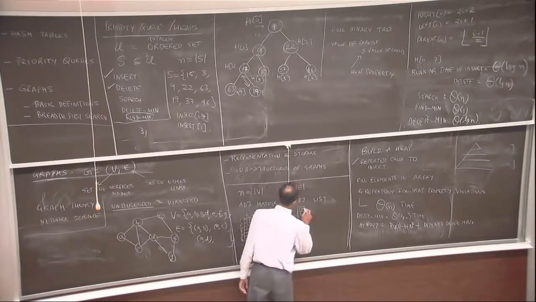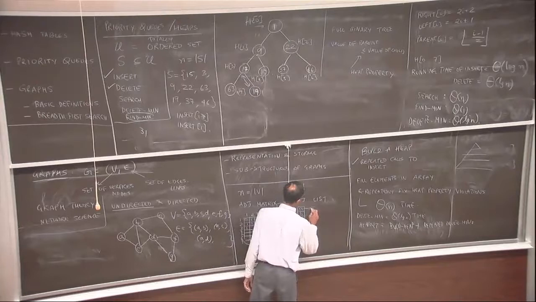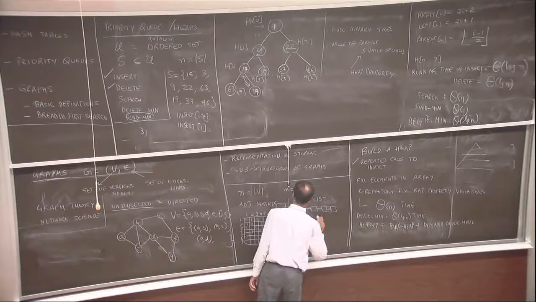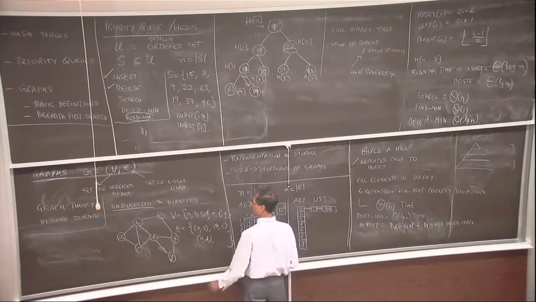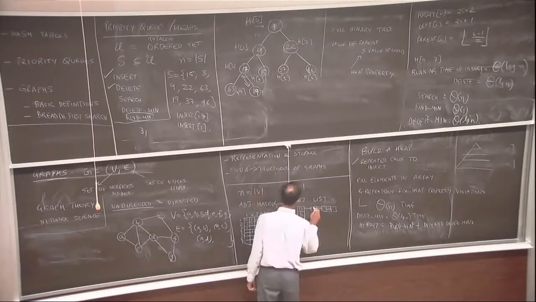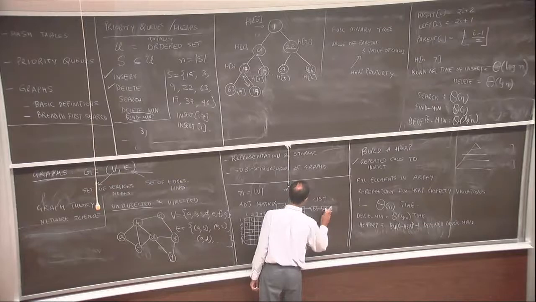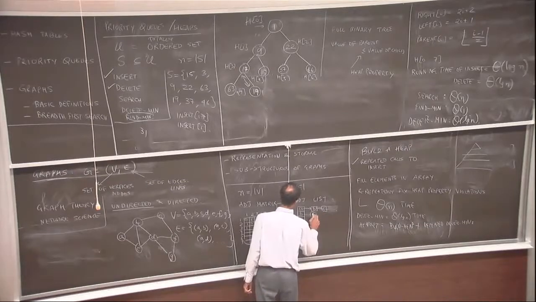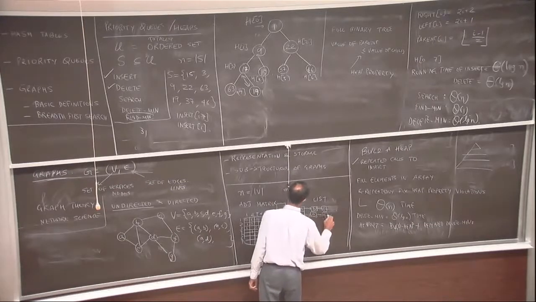Okay, so here it will list A has B and C, B has A, C, and D, and you could store it as a double integer, it doesn't matter.